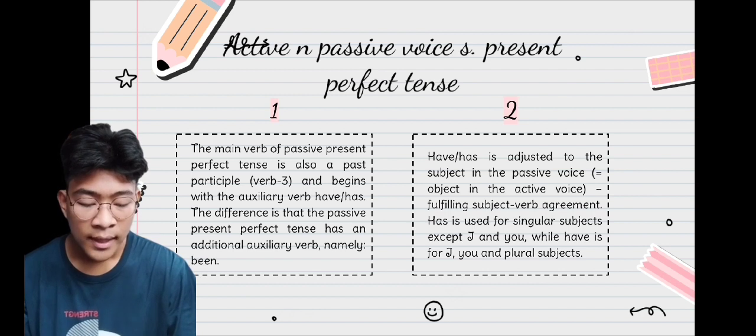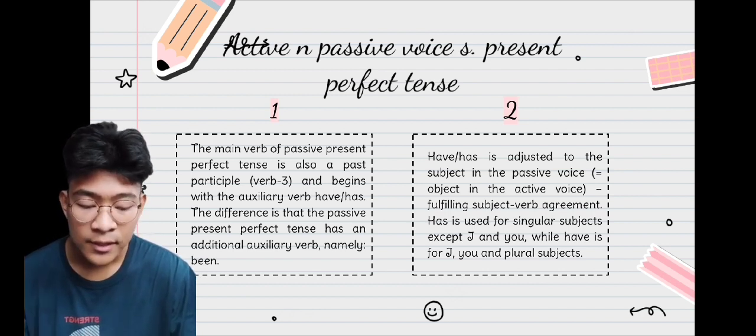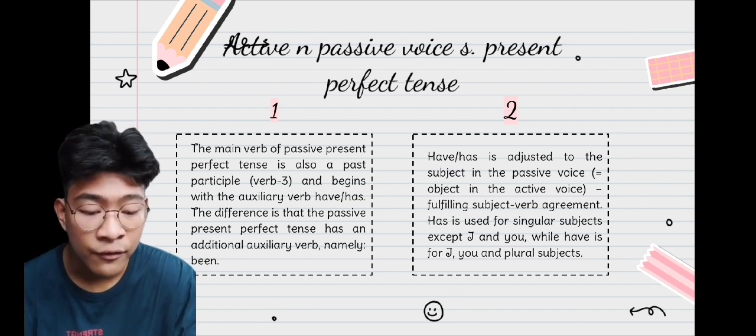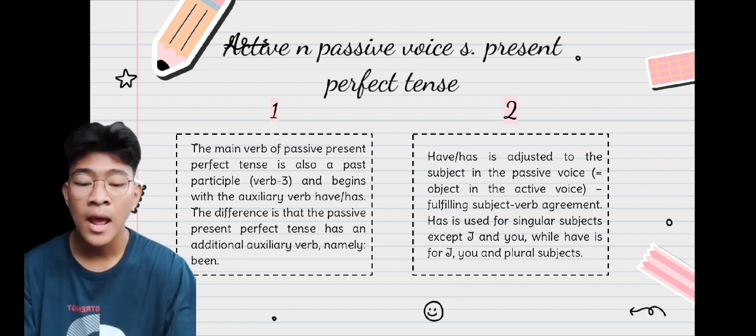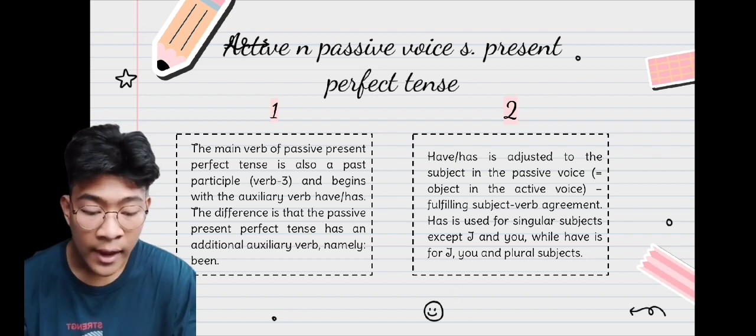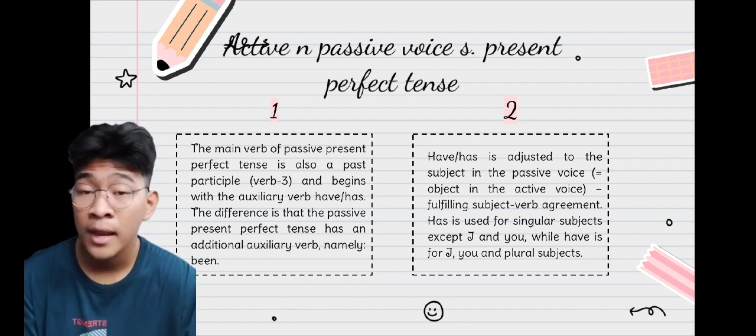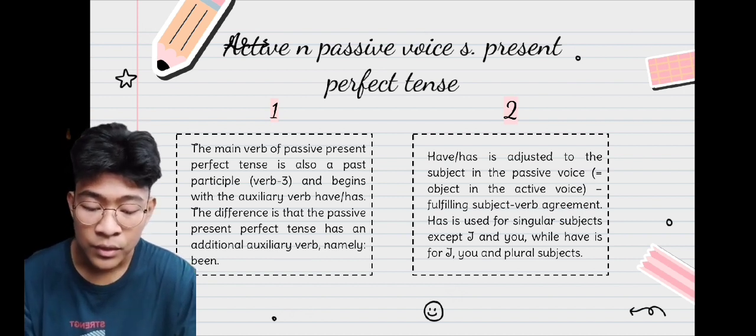So let's see the present perfect tense. Present perfect tense is used to describe an action or event that happened at an unspecific time before now, or started in the past and continues up to the present.